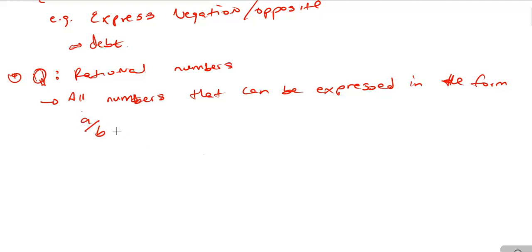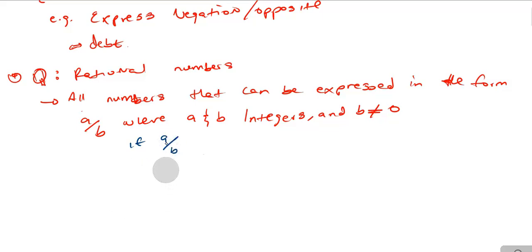Okay, but then we need to define the values of a and b. Okay, we're saying a and b must be integers. Okay, we've already touched on integers, we've already learned about integers, we know what they are. And b must not be equal to 0. So we can put in a quick test here.